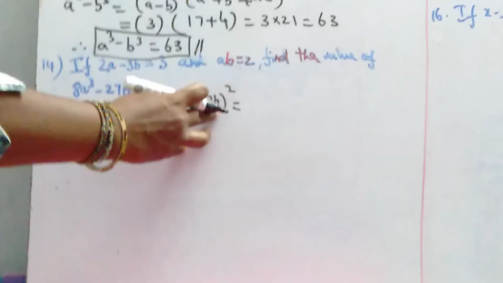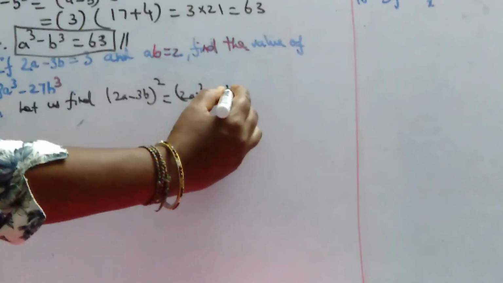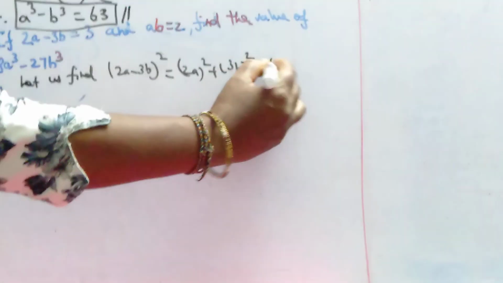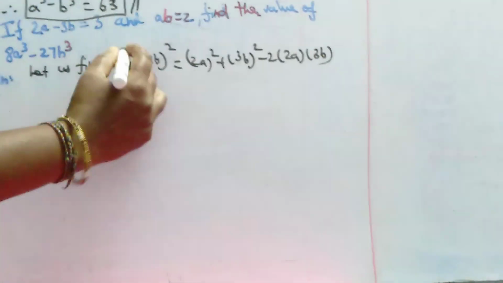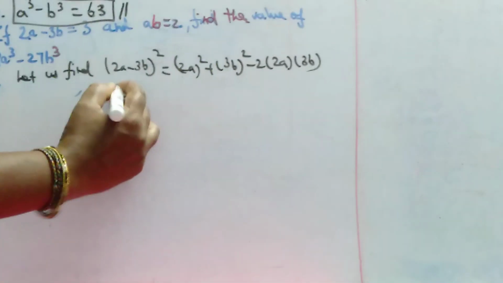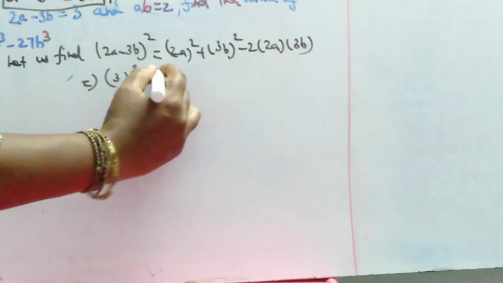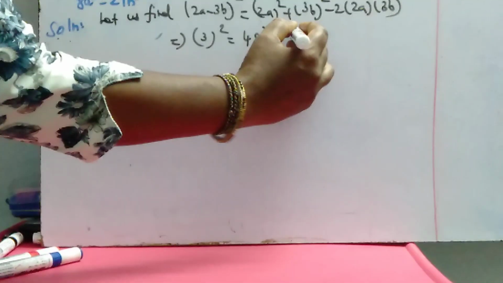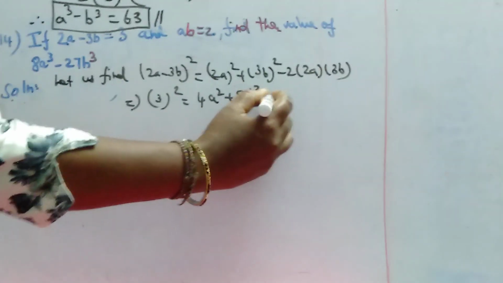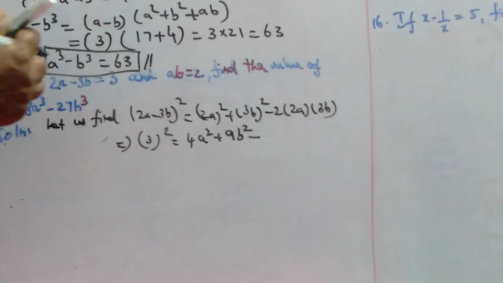Here a is 2a and b is 3b, that is the a minus b the whole square format we are going to use here, which is a square plus b square minus 2 into 2a into 3b. So 2a minus 3b is 3, so 3 square equals 2a the whole square. If we square 2, it is 4, so 4a square plus 3 squared is 9, so 9b square, minus 2 into 2, 4, 4 into 3, 12, 12 into ab.